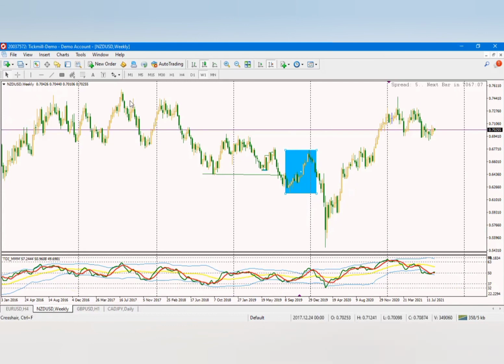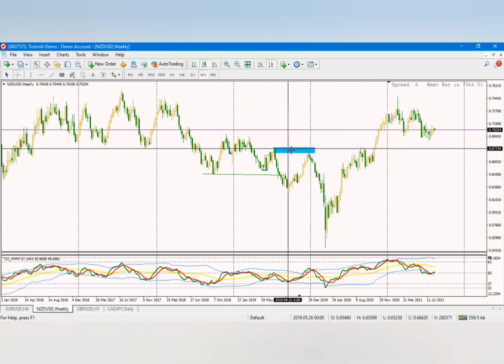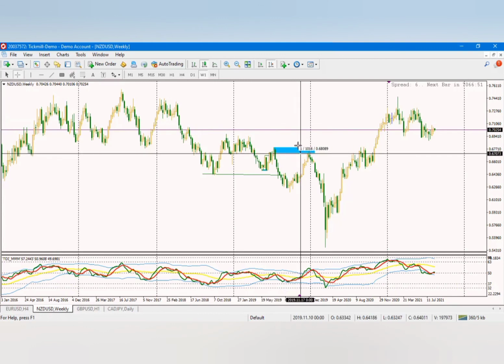And if you look at it, let's say you take position from this place right here now, and the stop loss is like 90 pips.